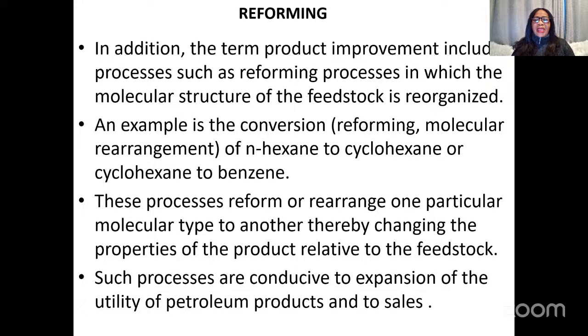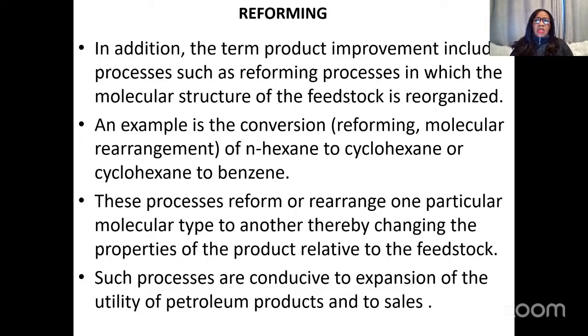Example of that, N-hexane restructured to cyclohexane, or cyclohexane rearranged to benzene. These processes reform or rearrange one particular molecular type of compound to another one, therefore changing the properties of that product to what is suitable or what is required.